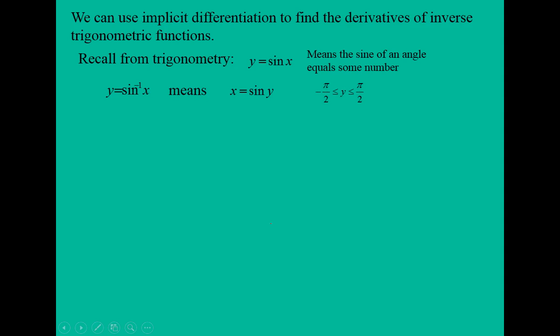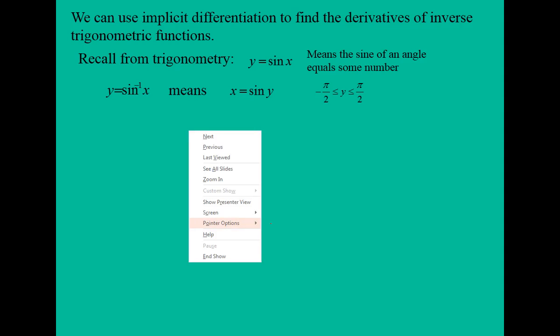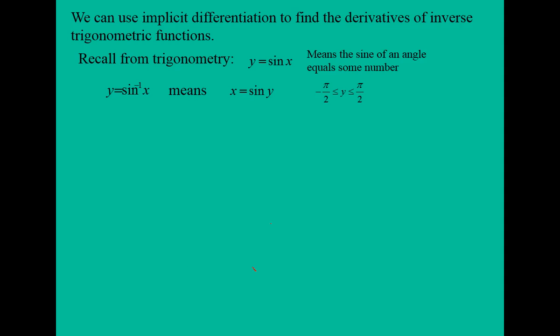And we just discussed that these two equations for the inverse are equivalent. And then we have this restriction for the sine inverse. If we just did a little bit of a review from our trig class, if we were to graph y equals the sine of x, we know that looks like this.